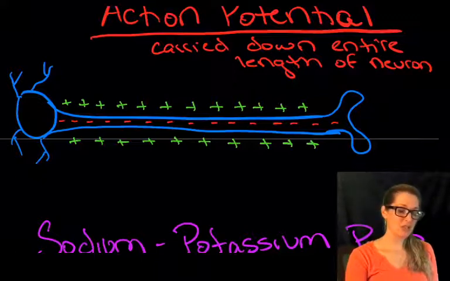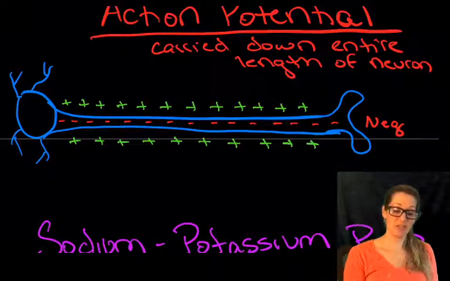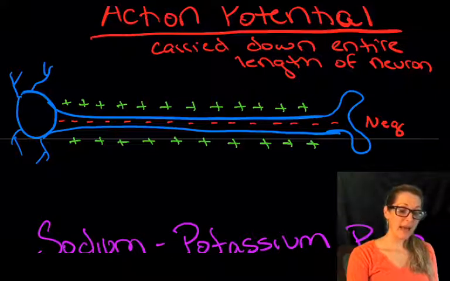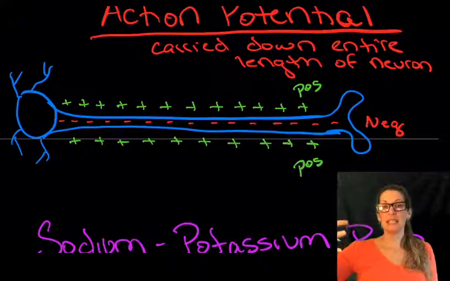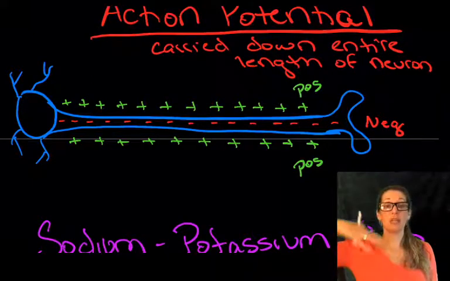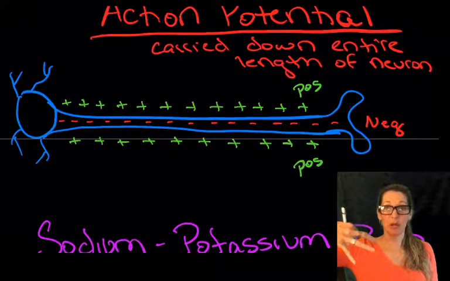And those red dashes indicate a negatively charged environment. That negatively charged environment is in comparison to the external environment, which is positively charged. So if we compare the charges inside the neuron to the charges outside of the neuron, inside is more negative.